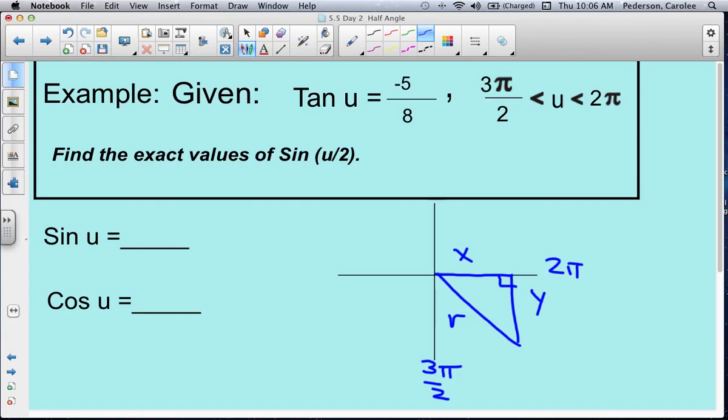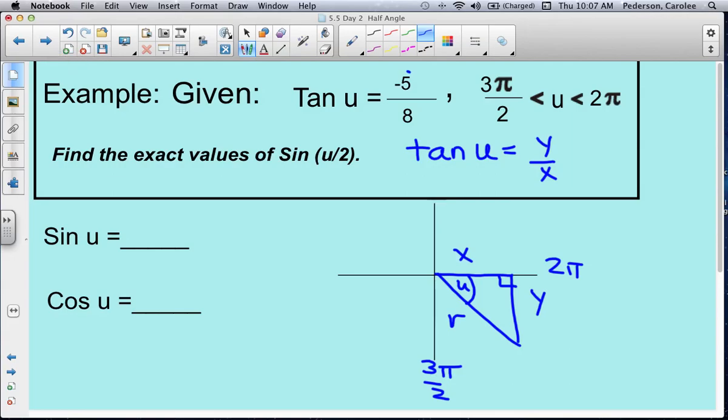Remembering from earlier in chapter 5 that the tangent is found by opposite over adjacent, or y over x. And this is my angle u down here, my unknown angle.